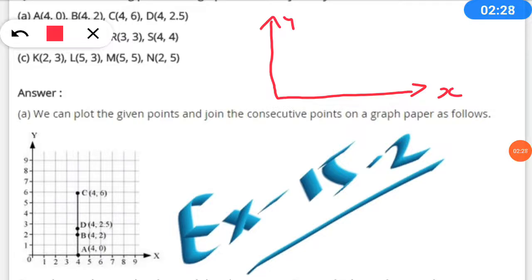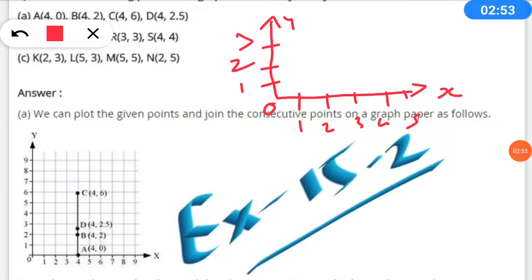Everybody knows this is the origin of the graph. After that this will be 1, 2, 3, as the coordinates are (4, 0), (4, 2), (4, 6), (4, 2.5). So we are going to mark in a regular counting way. Here 4, then 5, here also 1, 2, 3 we will mark like this.